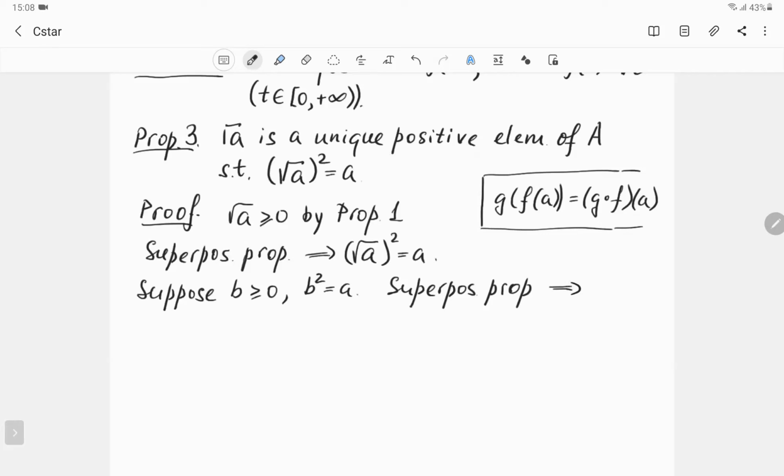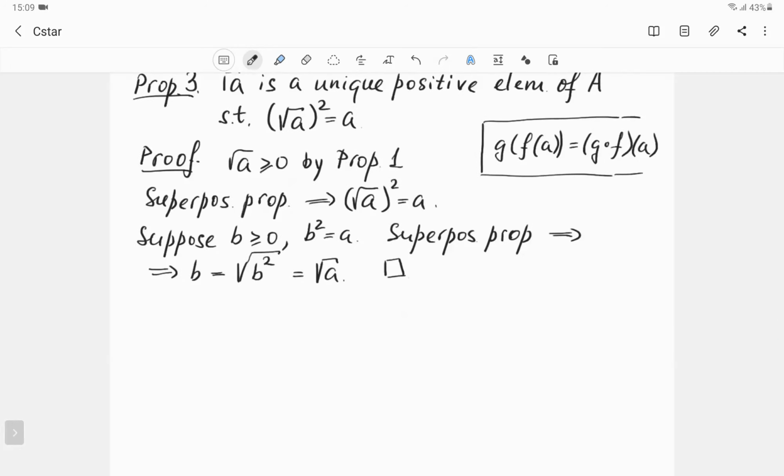And we conclude that B equals the square root of B squared, that is, the square root of A. And this proves the uniqueness.